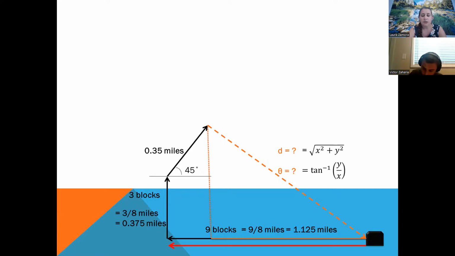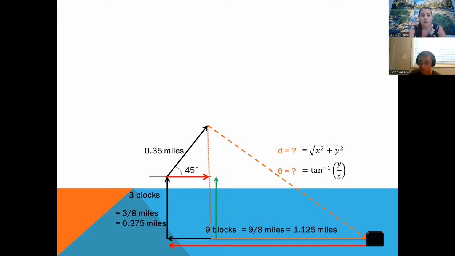Okay, so we see in the x direction, we have this 9 blocks portion, and we have this portion of our northeast, whatever that happens to be. Right? And we can see that those are pointing in different directions. That will be important.